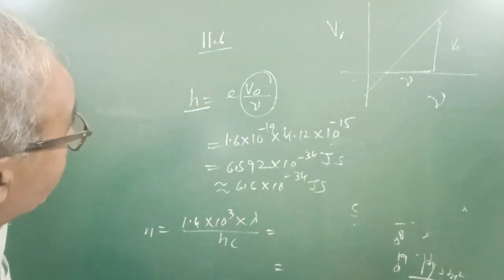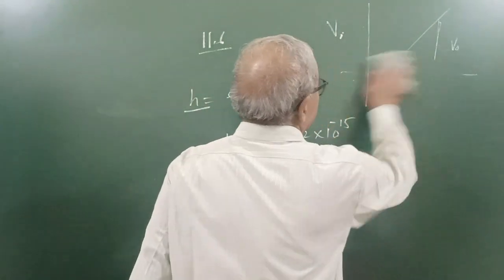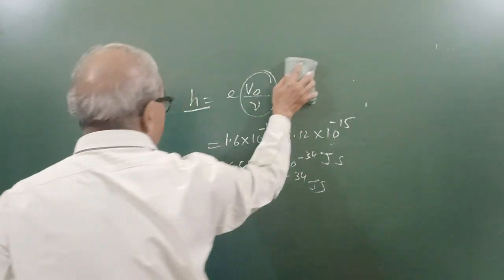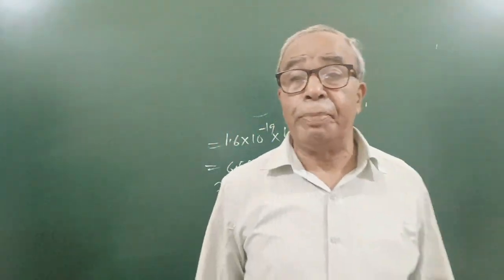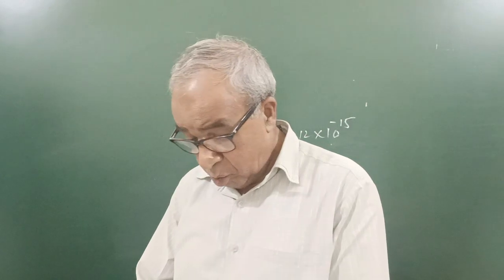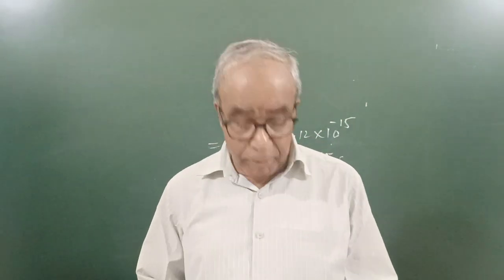This question is very important, dear students, for class 12 students. Actually, every paper setter of CBSE and other exams also makes the NCERT book a base. 11.7 question is very simple.